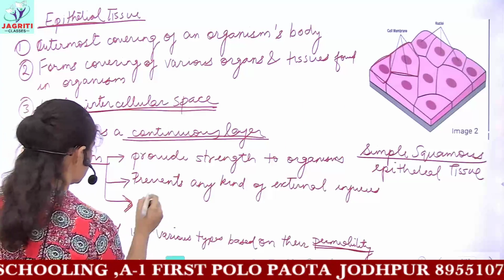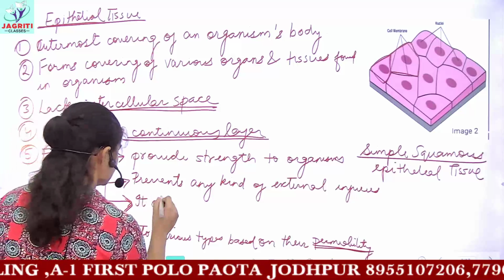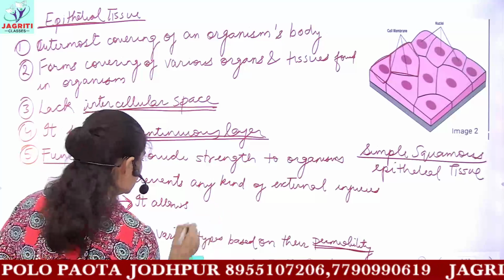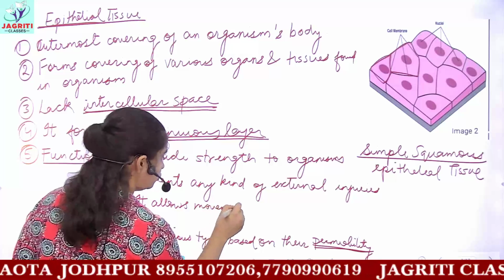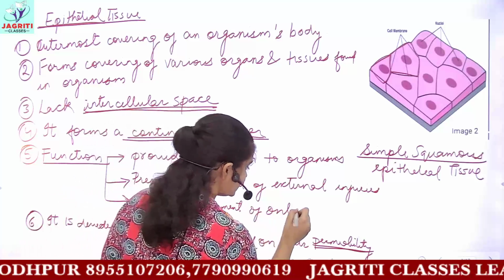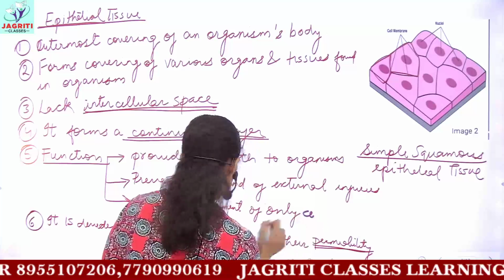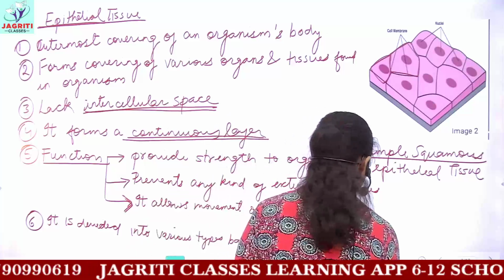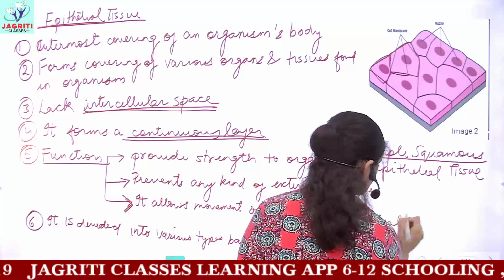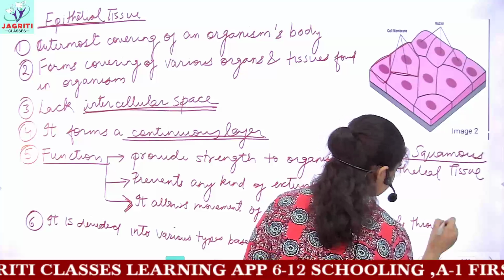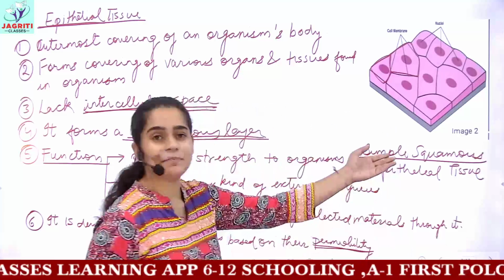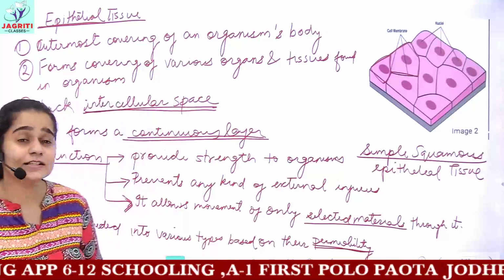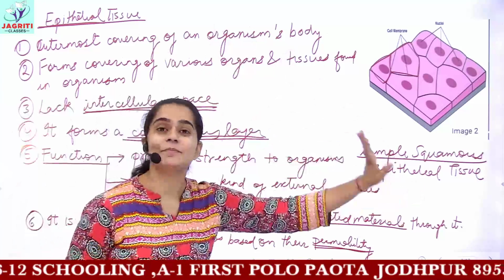So we can say that it allows movement of only some selected materials through it. That is, through the epithelial tissue, you can only have the movement of selected particular materials. All the materials cannot pass through this epithelial tissue.